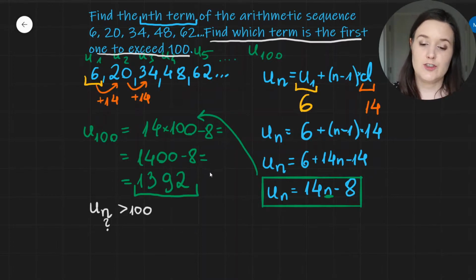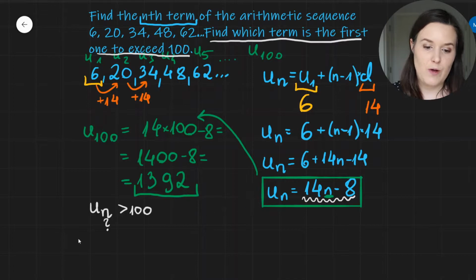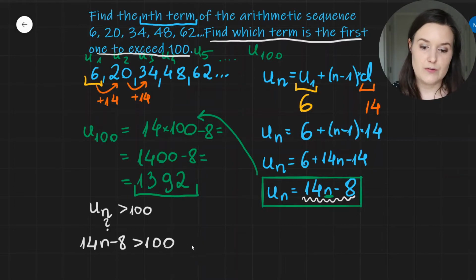Okay, let's try. I know that the nth term is given by the formula 14n minus 8. So basically, I am asking when 14n minus 8 is bigger than 100. Let's try to solve this inequality. 14n minus 8 is bigger than 100.